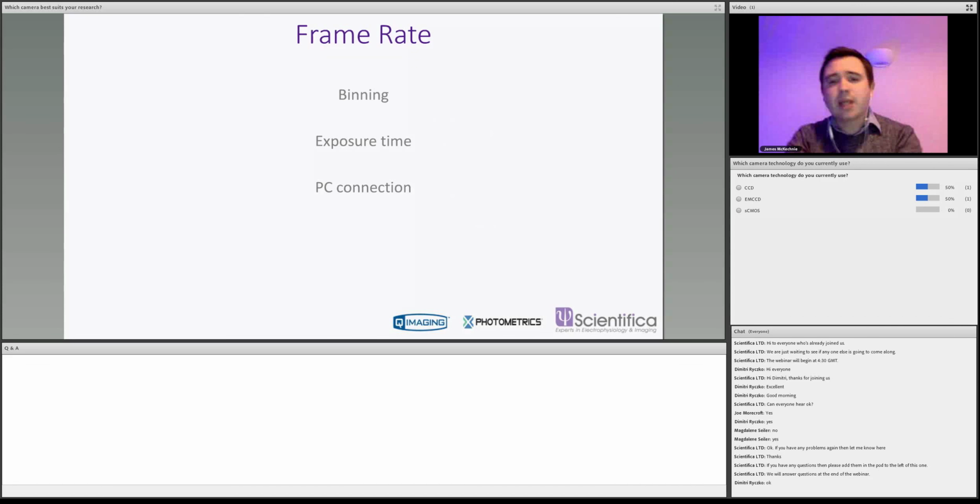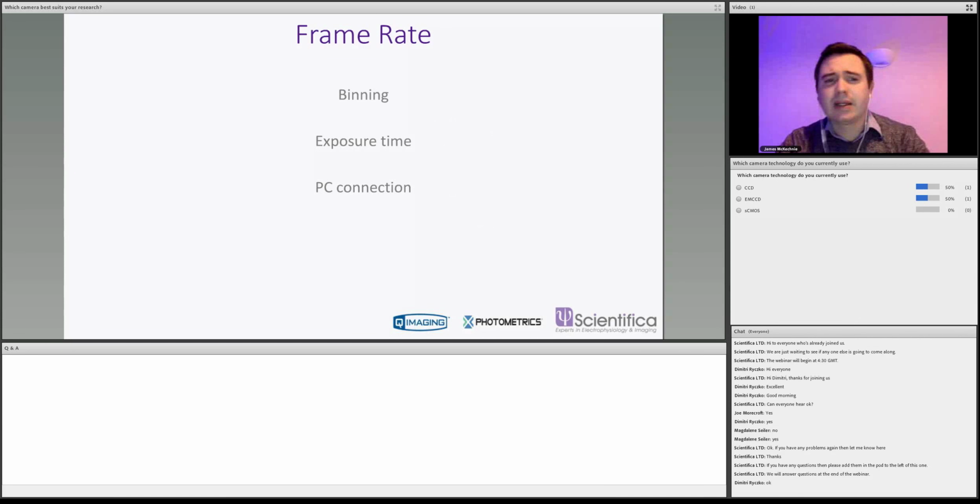If your camera is capable of running 10 frames per second, but your sample only lets you get a 500 millisecond exposure time to see something, well, then you're only ever going to be able to run at 2 frames per second. So using things like binning to increase your sensitivity, using things like the gain and histogram clipping, if you can just get more light from the sample, which would be lovely for everyone, then you can increase your frame rate from exposure time.